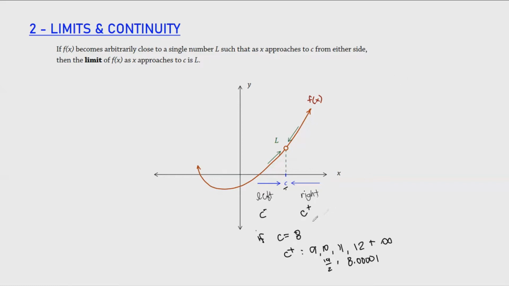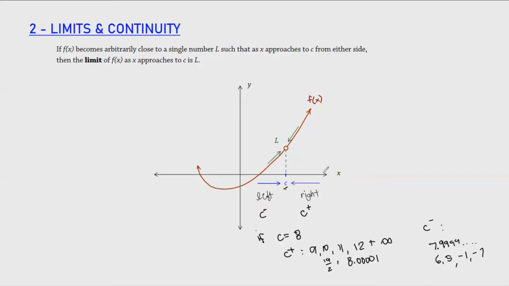And then the same thing goes for c negative. So 7.999 and all the 9s that you can give here would be very close numbers to 8 in terms of being at the left of c. But this is also true for 6, 5, -1, -7. So these numbers are all at the left of c.